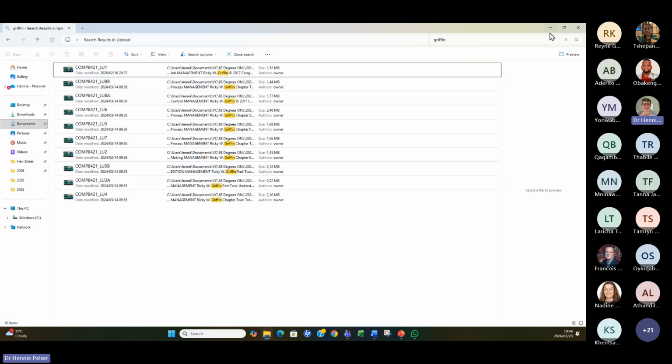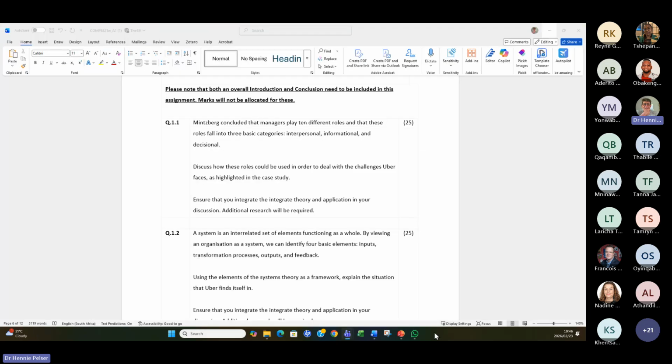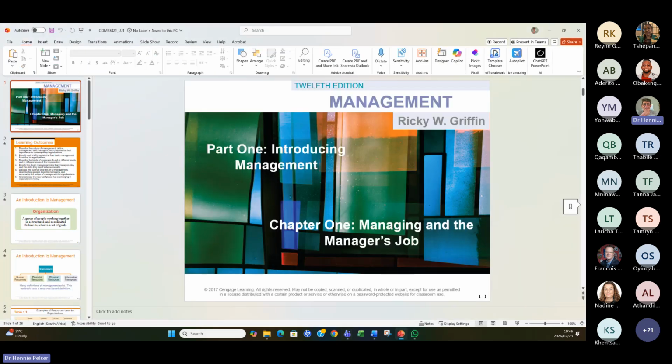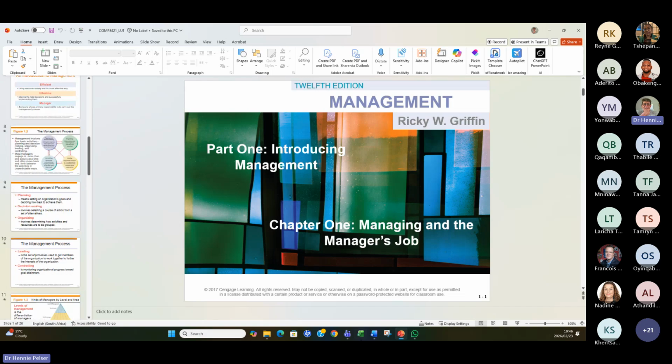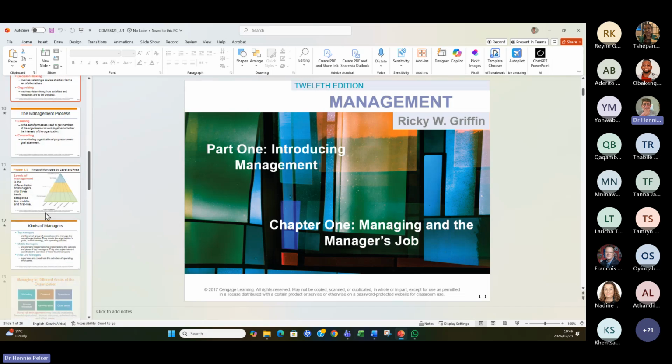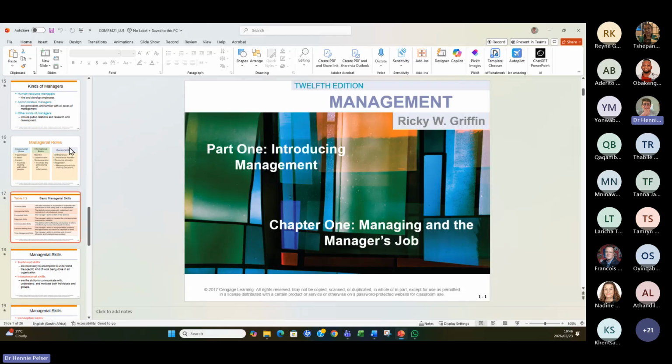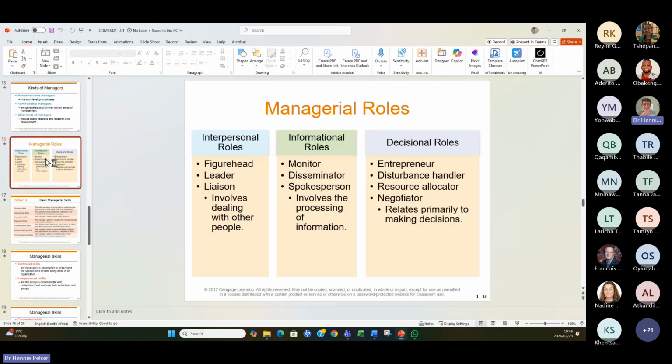So it picks up Learning Unit 1 for us. I am in Learning Unit 1 here. Right, and we're looking at the different roles. It's not Griffin anyway. I typed the wrong thing. So for the managerial roles, you're looking here. So it's Learning Unit 1, slide 16. Learning Unit 1, slide 16.